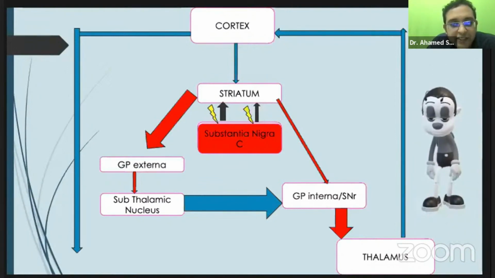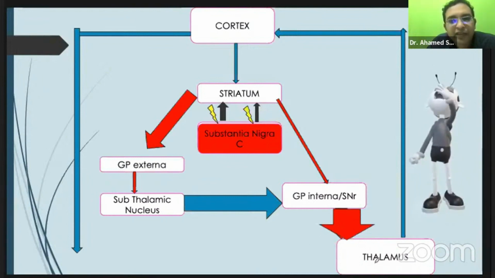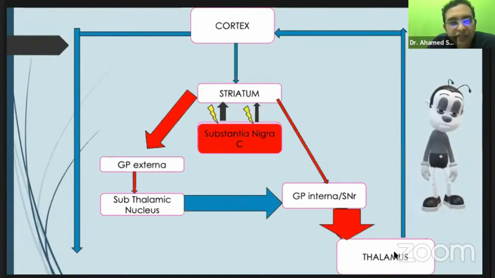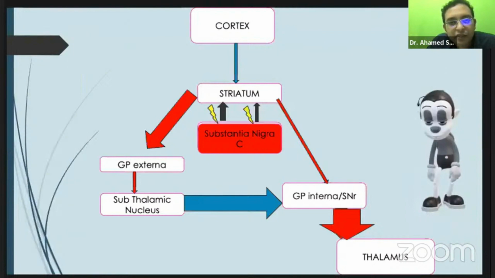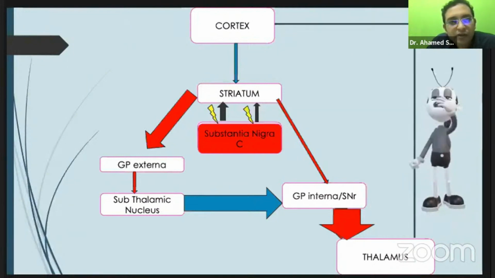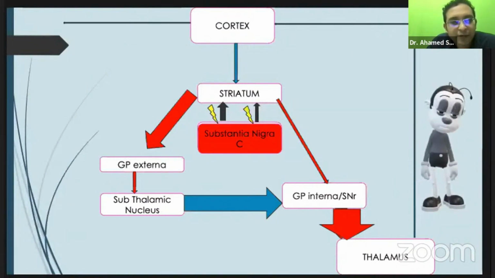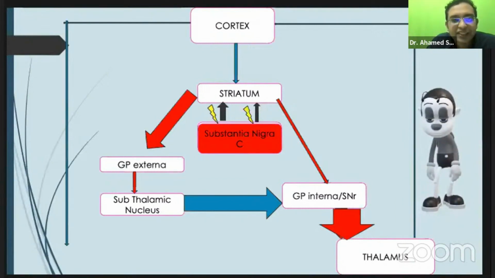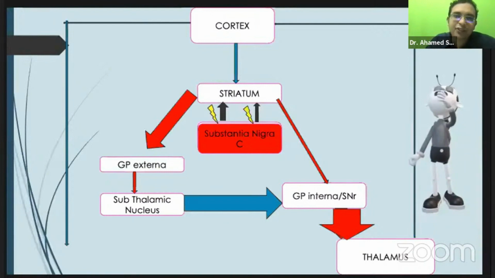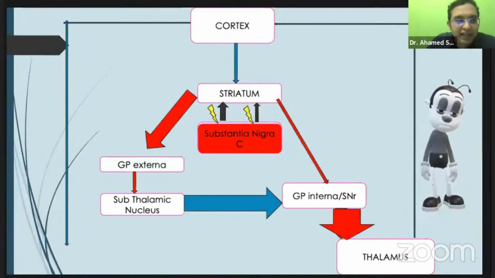So what happens? More negative energy to thalamus, and further, less energy. What I meant to say was less energy. So this is what happens in Parkinson's disease. So that is what I was trying to tell.